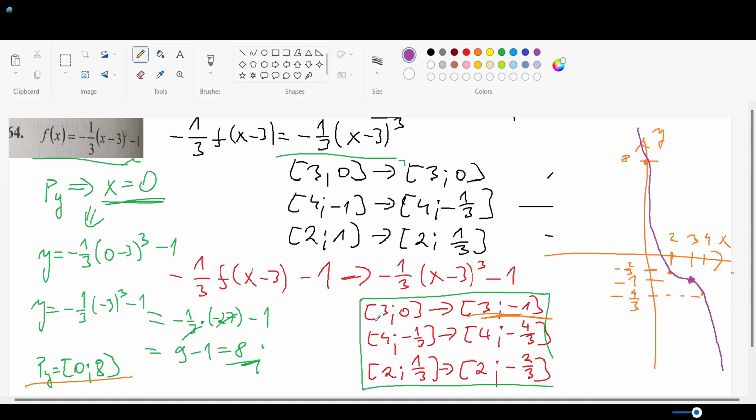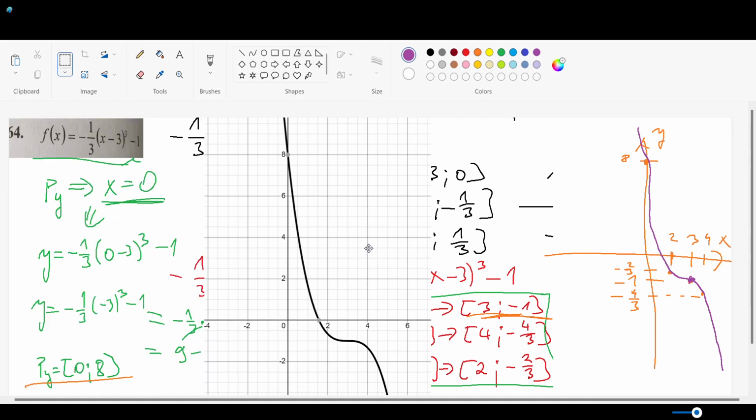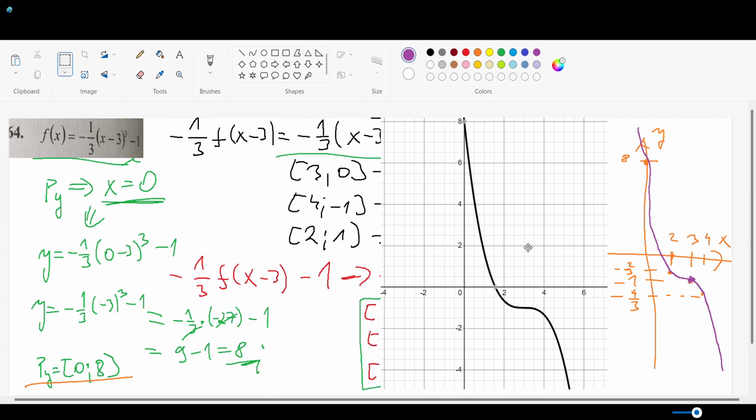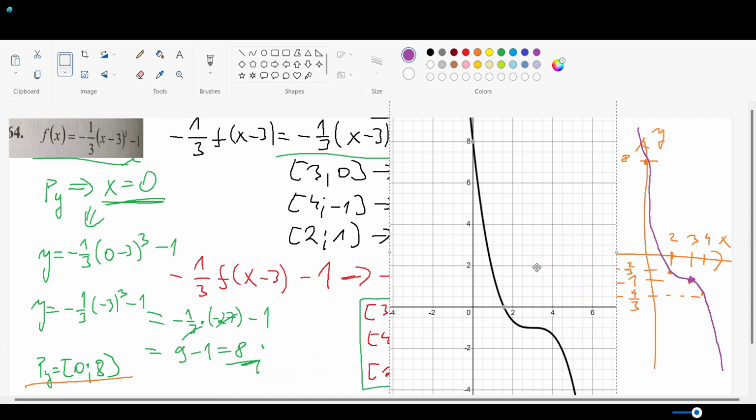If you do it on your own using Desmos, you'll see that we are really right, and we found the proper chart of the function -1/3 times (x take away 3) cubed minus 1.